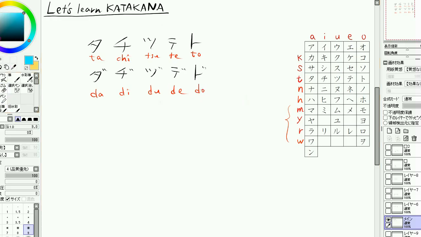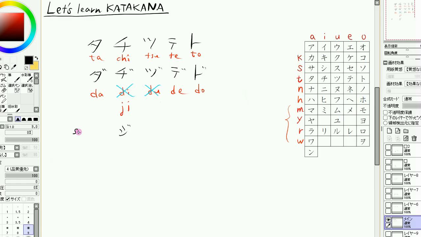Is that right? Of course not. These aren't correct. Because, yeah, it's not ta-ti-tu-te-to. It was ta-chi-tsu-te-to. So the voiced version of chi should be, once again, we write this in the Roman alphabet, ji. So actually, it's exactly the same as what we've seen in the S row.